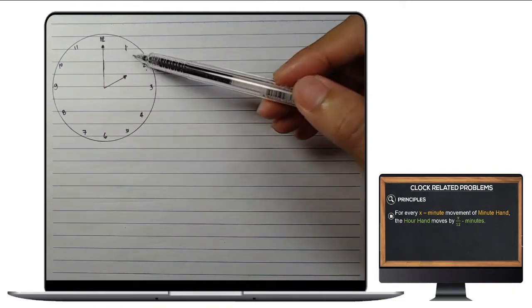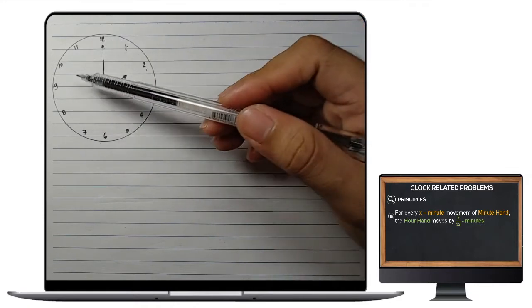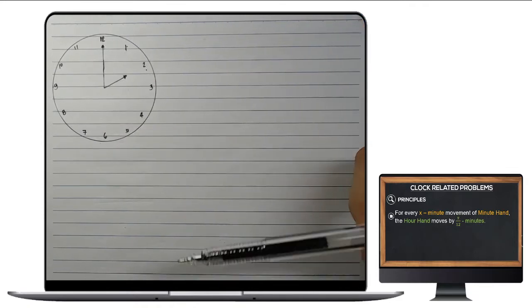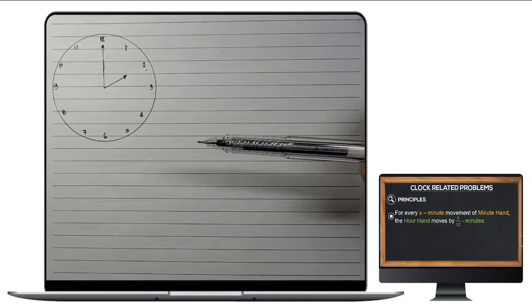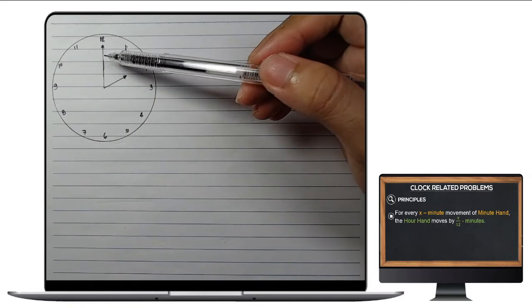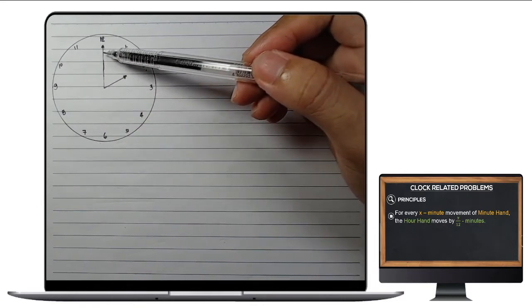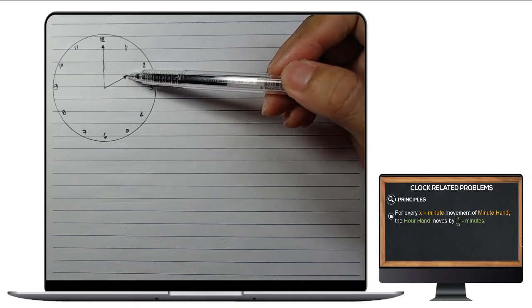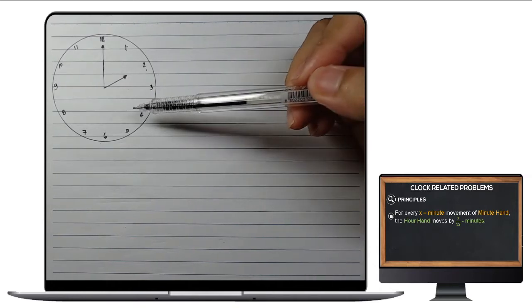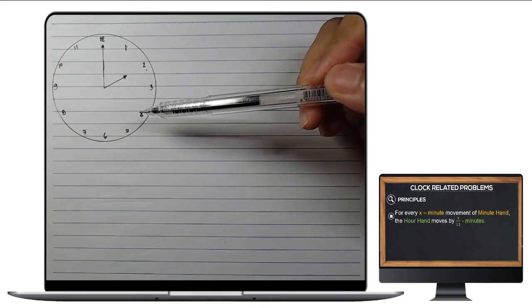So di ba yung one complete revolution natin is equivalent to 60 minutes. So yung complete revolution ni minute hand, so that pertains to 60 minute distance na cover ni minute hand, magmo-move si hour hand by 60 over 12 minutes. And that 60 over 12, that is equivalent to 5 minutes.